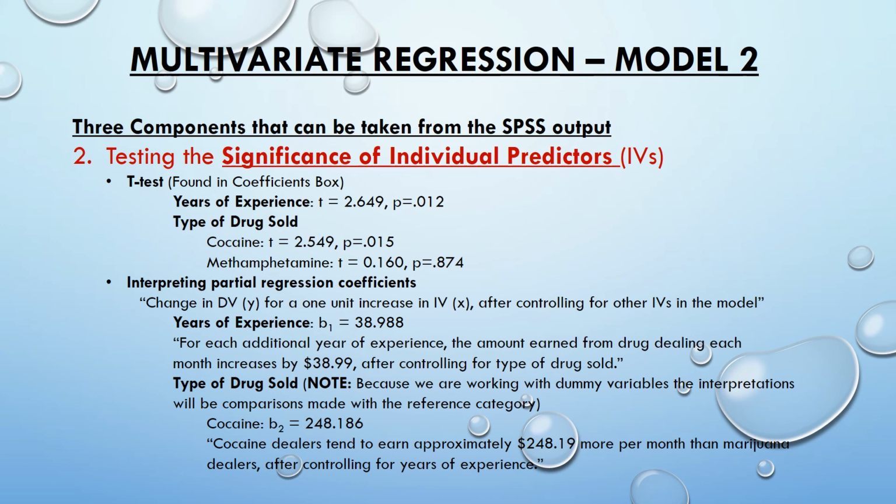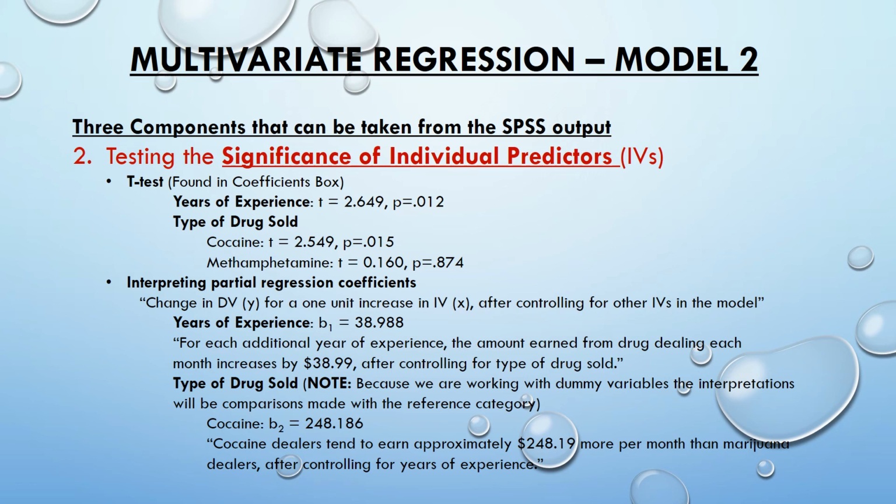So with this one, now we're looking at the significance of individual predictors. And you'll notice, because we have moved on to multivariate regression, it's kind of cool. We have multiple independent variables. So we can say, are all of them significant or only a couple of them, right? Or maybe none of them.